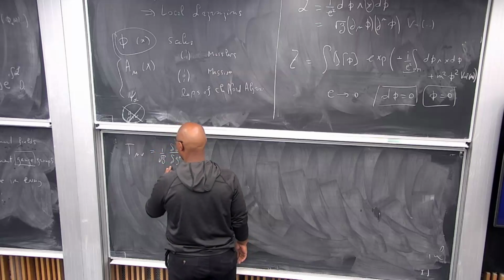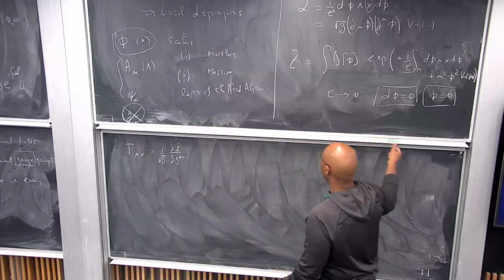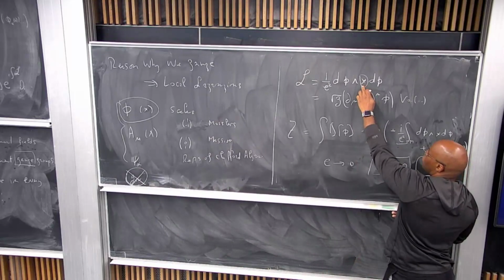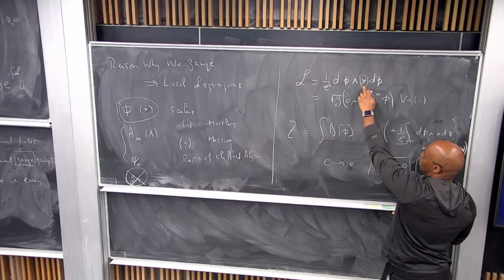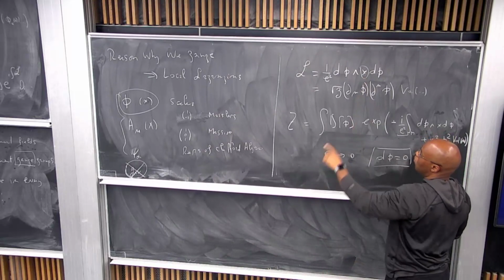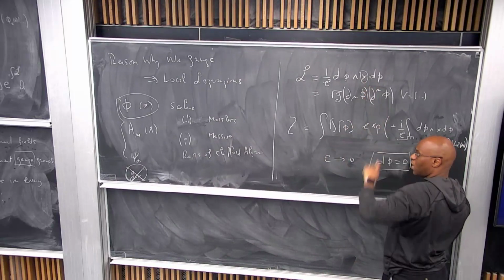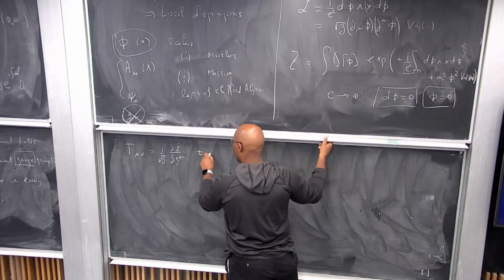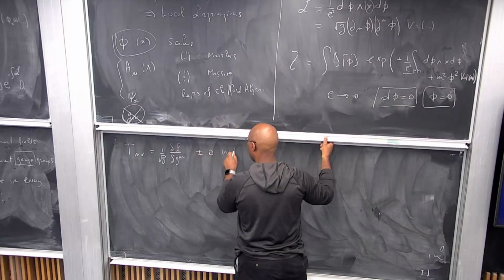Because you have this Hodge dual sitting here, which depends on the metric, the stress tensor contribution for a kinetic term is of course not zero.